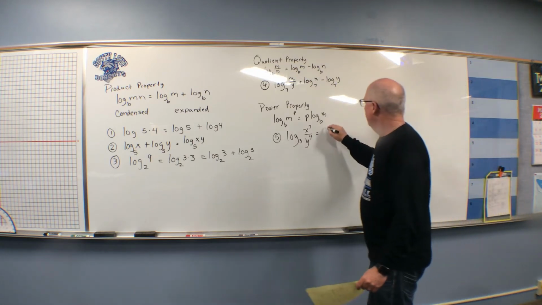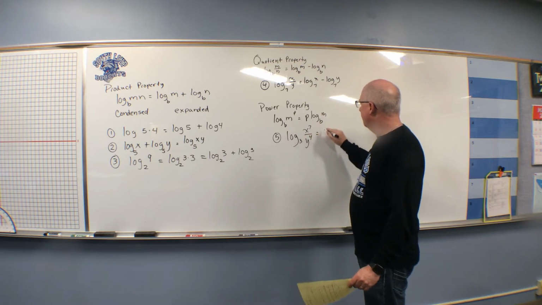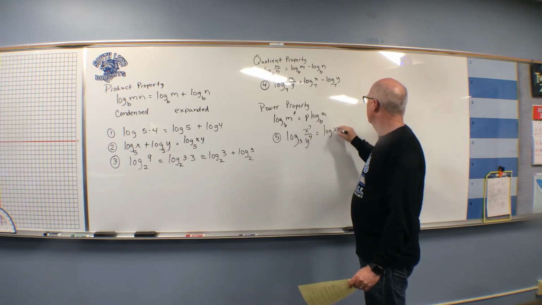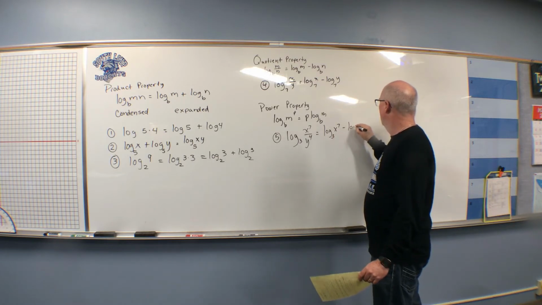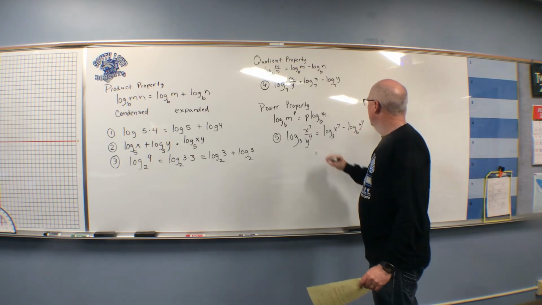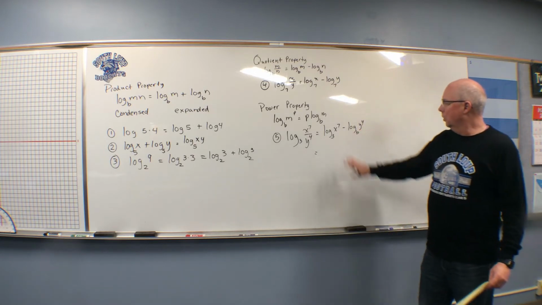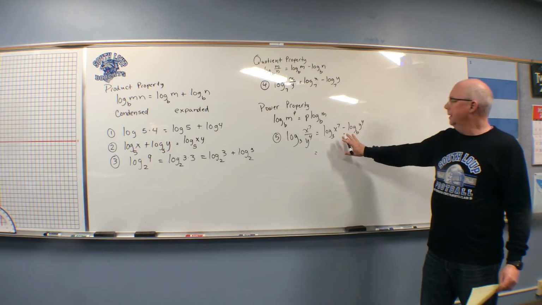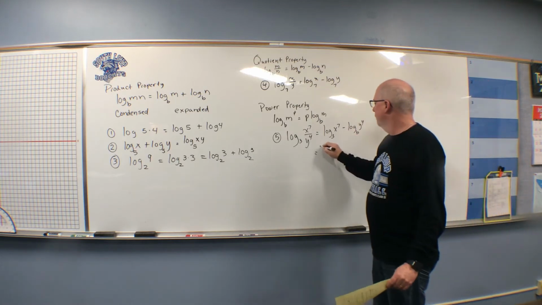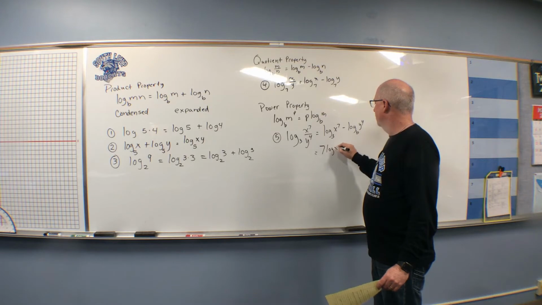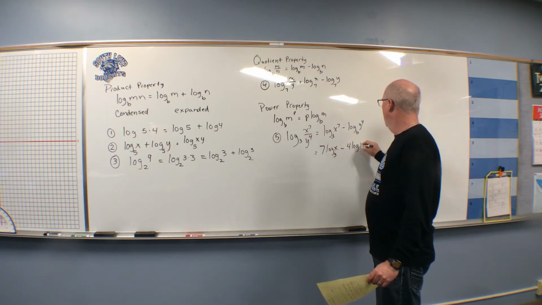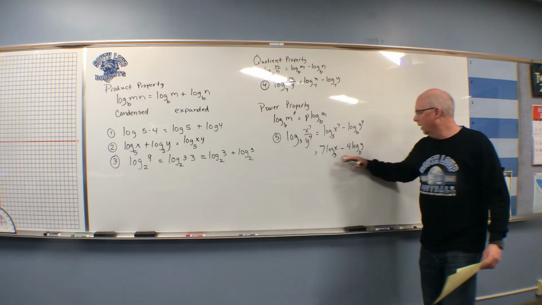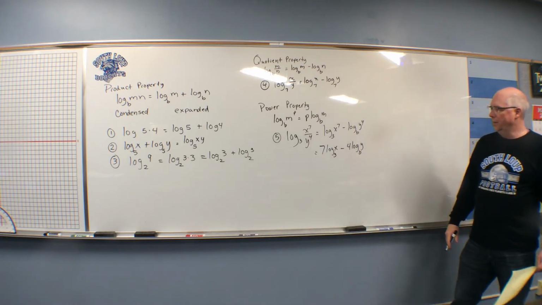If I start to expand this, I would say the log of x to the 7th base 3 minus the log of y to the 4th base 3, and then I apply the power rule. So what I've done there is apply the quotient rule. Now I apply the power rule. So I have 7 times the log of x base 3 minus 4 times the log of y base 3. And there I have it in expanded form.